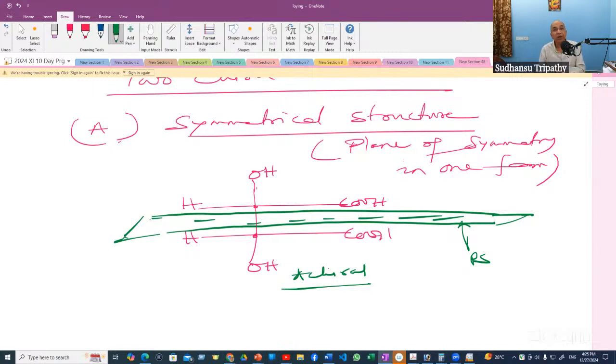But the two chiral centers can be assigned configuration in the normal way as you have been doing before.